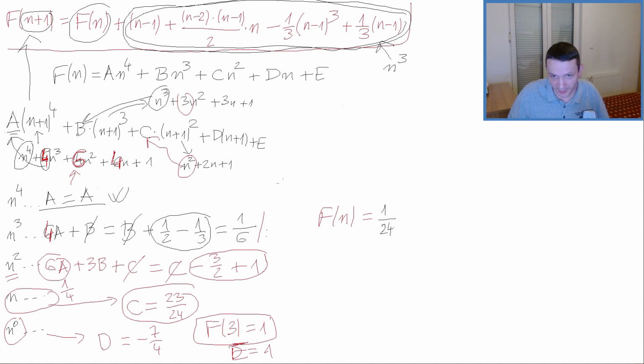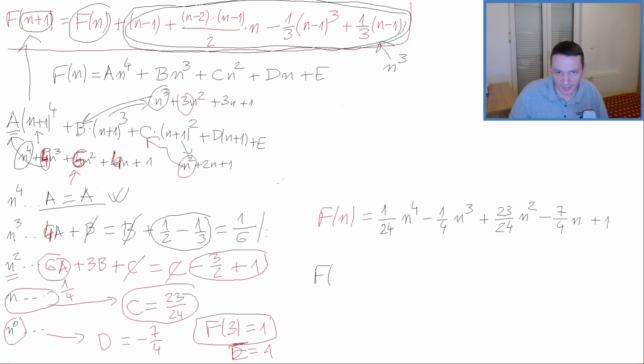This is 1/24 n to the power of 4 minus 1/4 n cubed plus 23/24 n squared minus 7/4 n plus 1.